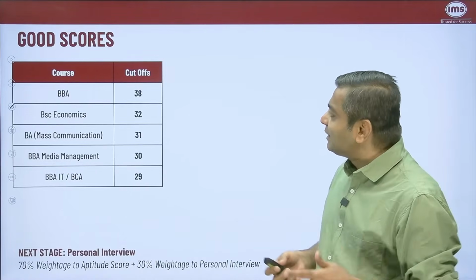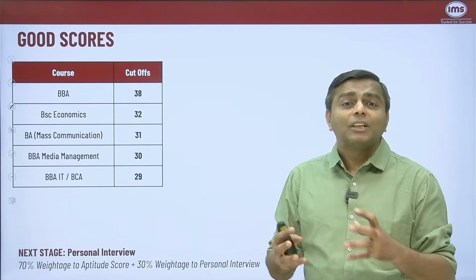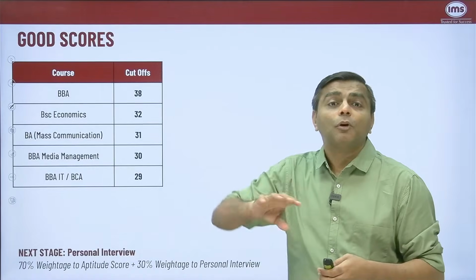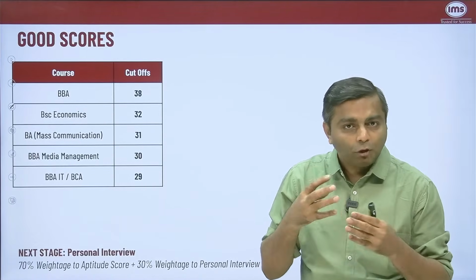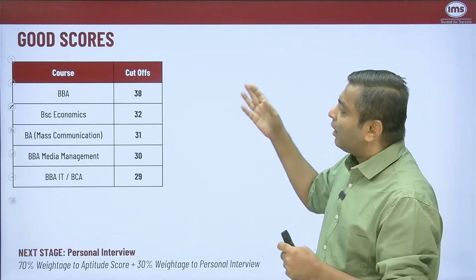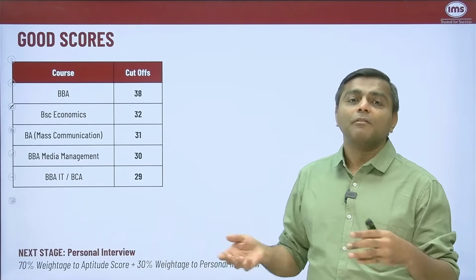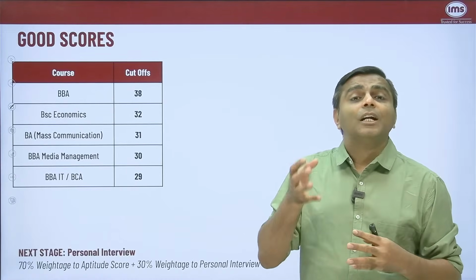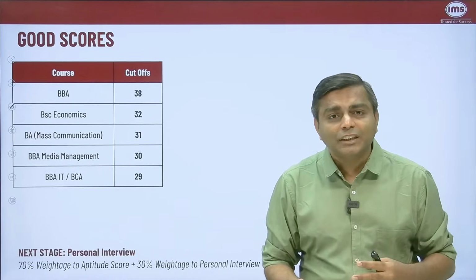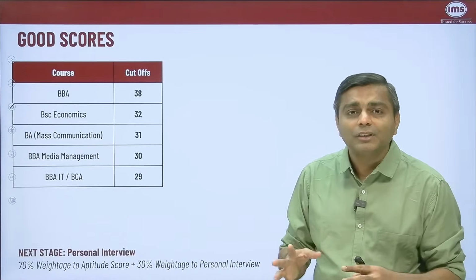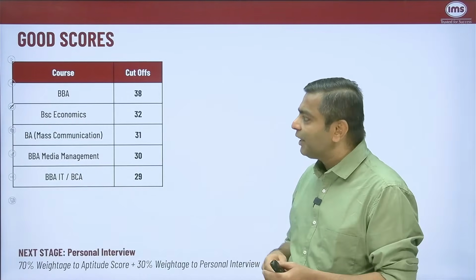Okay, so yeah, this is what we think the cutoffs might be. So good score we are saying around 43, 44. Cutoffs that we think, purely depending on last year's data. The difficulty level has not really changed from last year, so these figures will more or less be in this particular range.